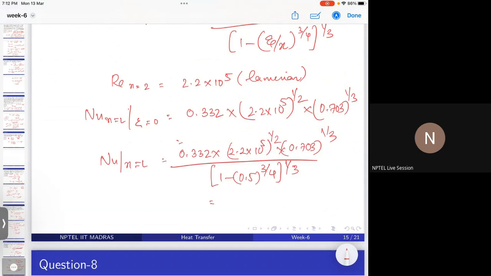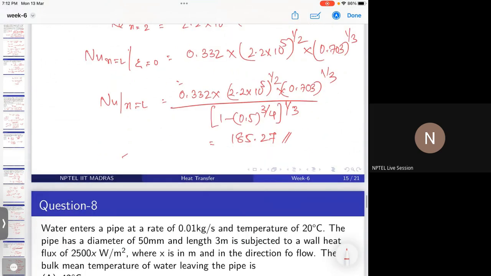I think you can do this later, the mathematics part. So you will get around, please check whether the answer is coming close to this, 185.27.